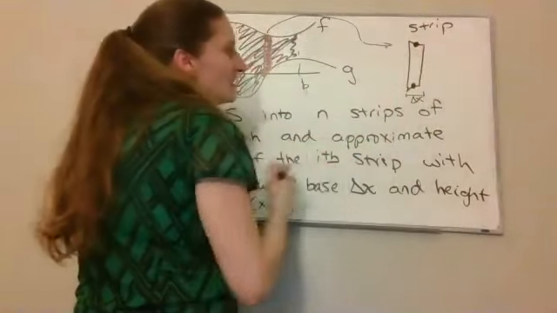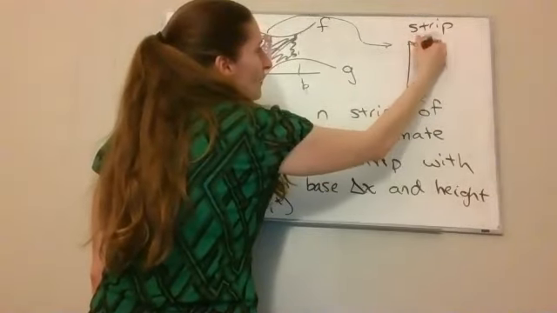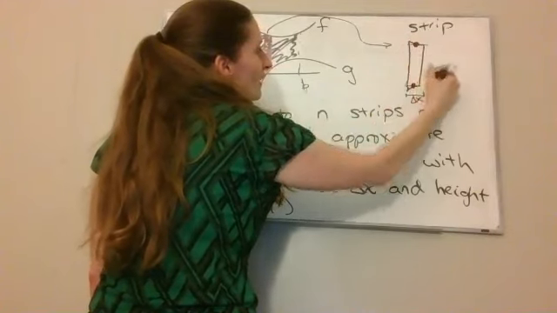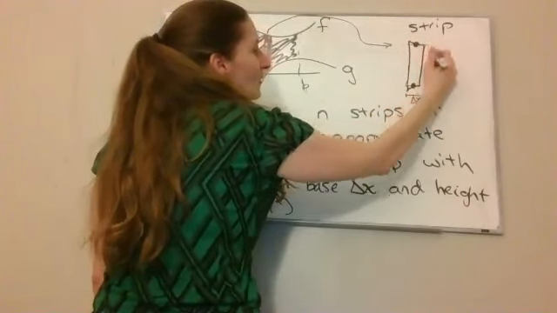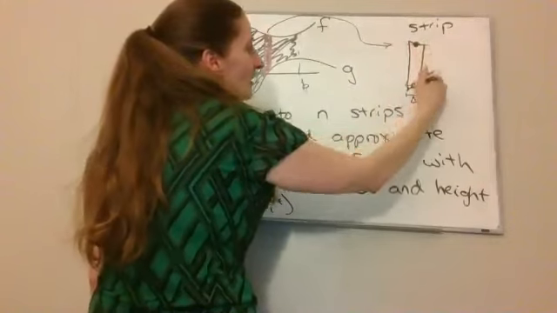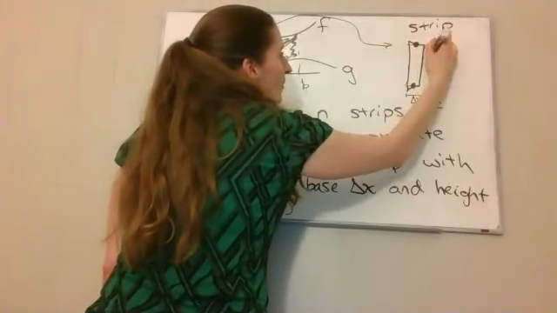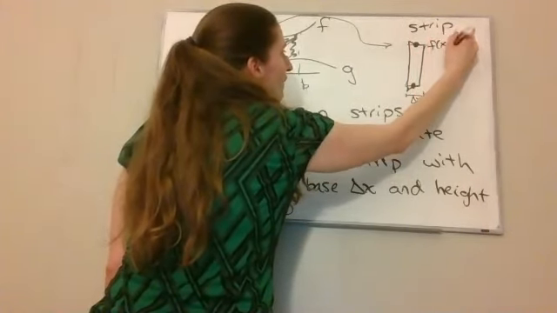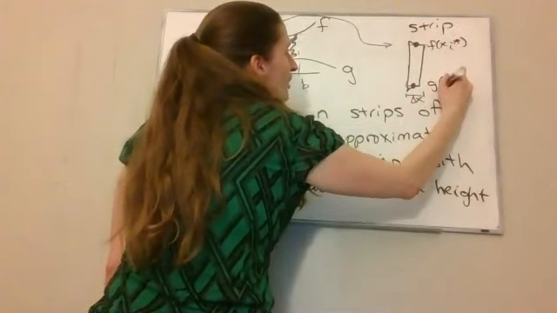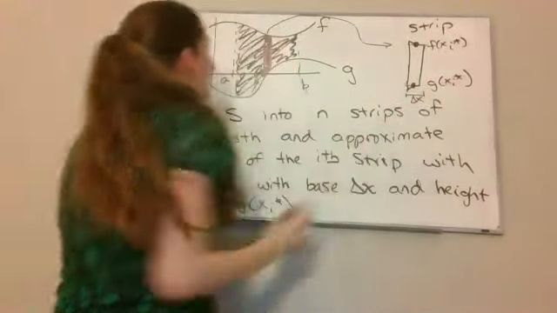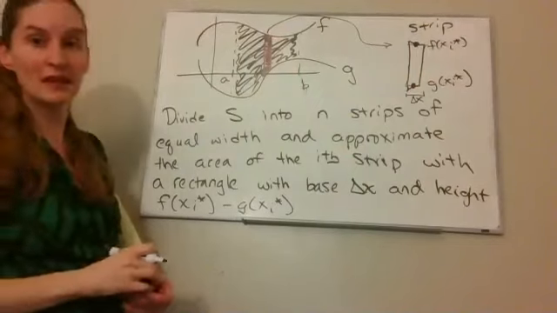And then the height of this rectangle that I'm using to approximate the strip is equal to the top height minus the bottom. So up here we have f of xi star, and down here we have g of xi star. And the height is the difference between the two.